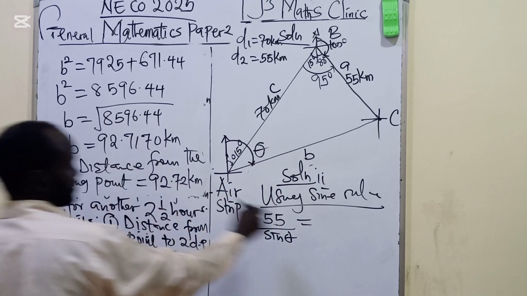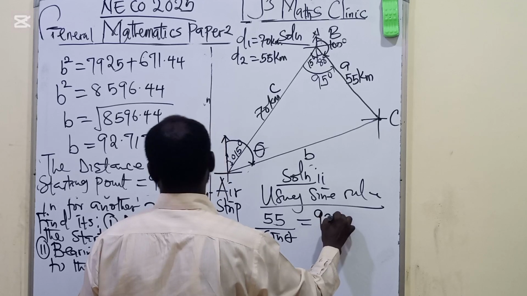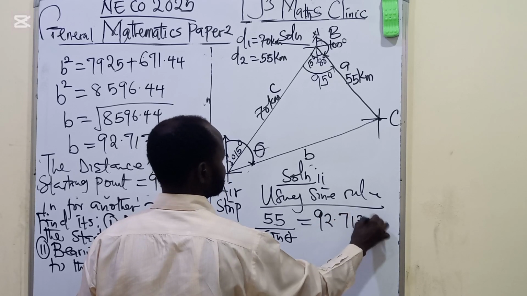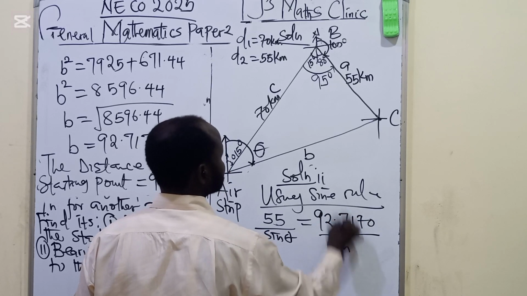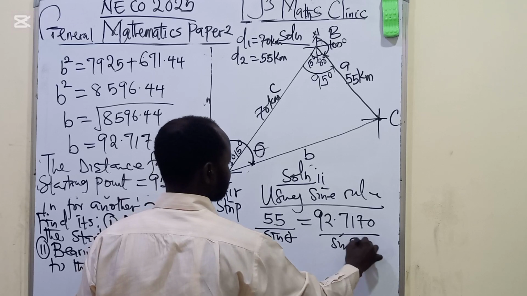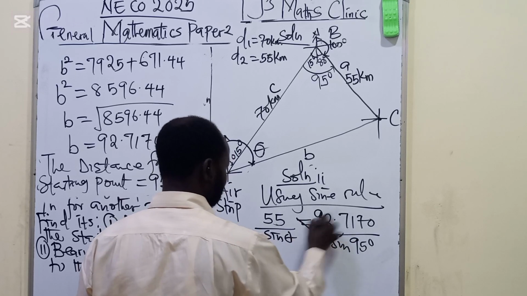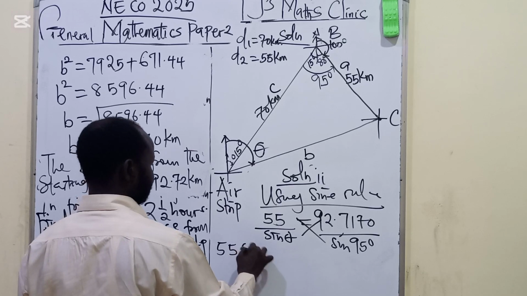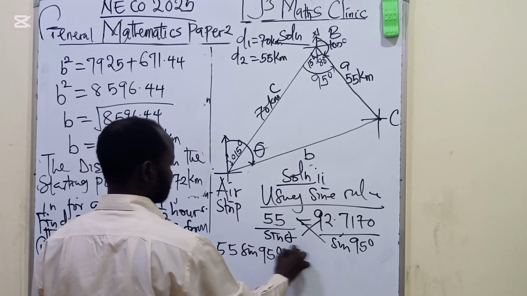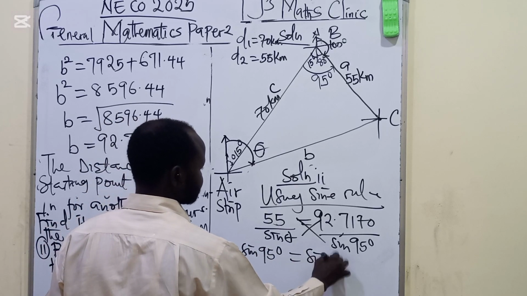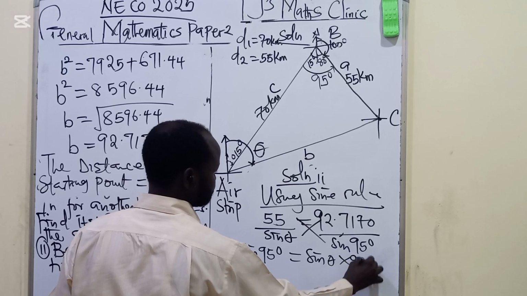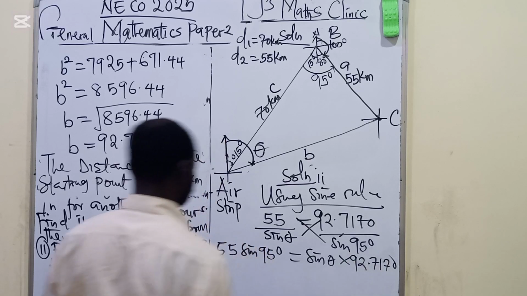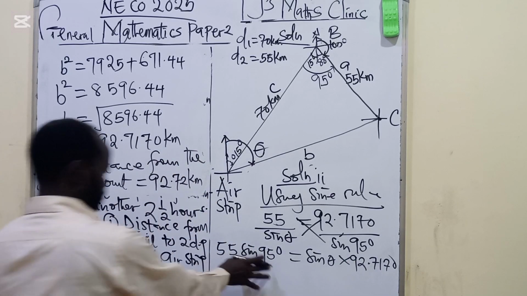We will pick the 4 dp now. That will be 92.7170 divided by sine what? The angle B now is 95. That will be 95 degree. Then we cross multiply. This will be 55 sine 95 degree will be equals to sine theta times 92.7170. Very important. So let's resolve this.